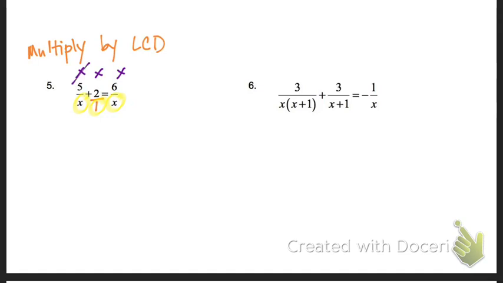For the first one, the x's cancel and I'm just left with 5. For the second one, nothing can cancel, so I need to keep the x, so 5 plus 2x. And for the last one, the x's cancel and I'm just left with 6.